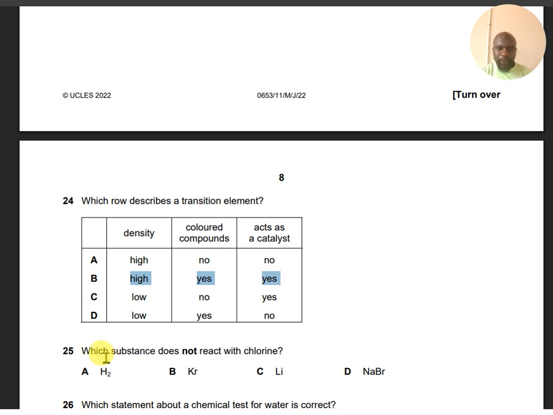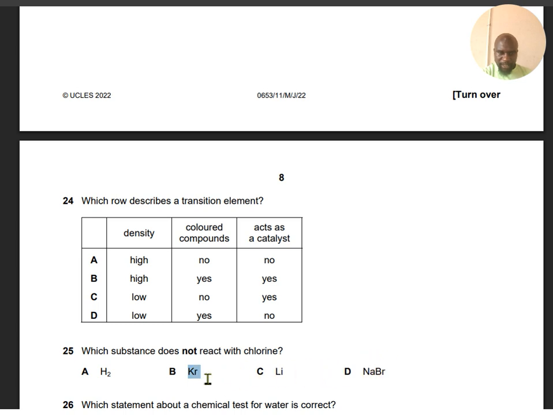Moving on to number 25, which substance does not react with chlorine? In the reactivity series, it should be the least reactive. So on number 25, the one which should not react with chlorine is hydrogen, and the others are lithium, sodium and the rest.